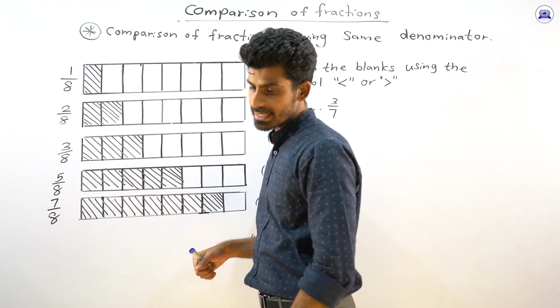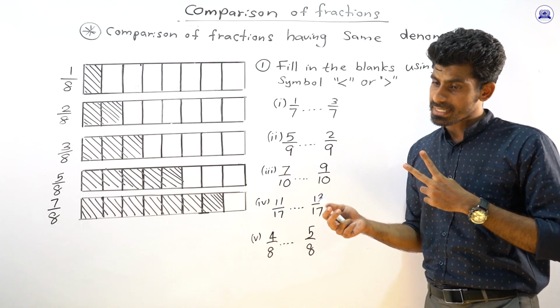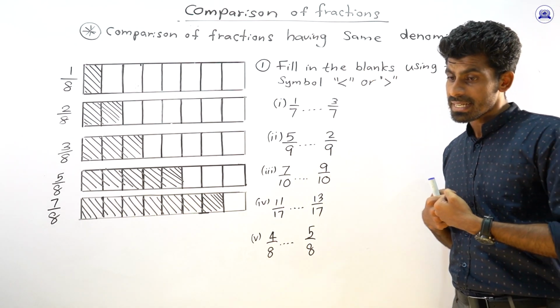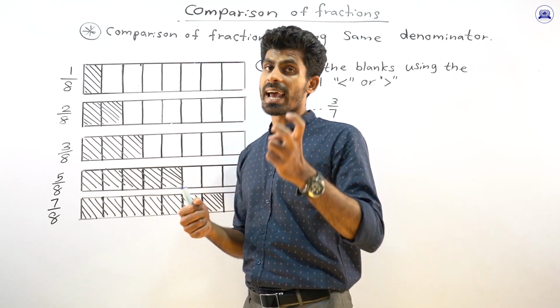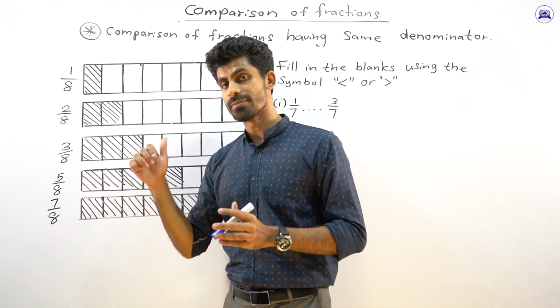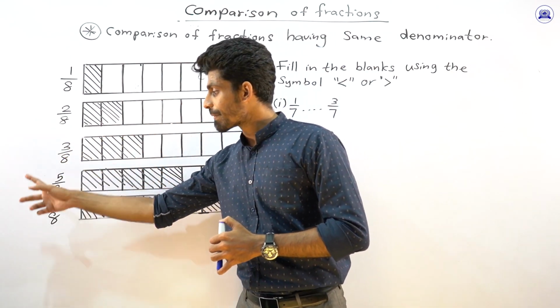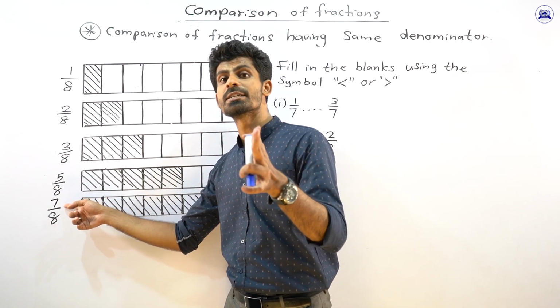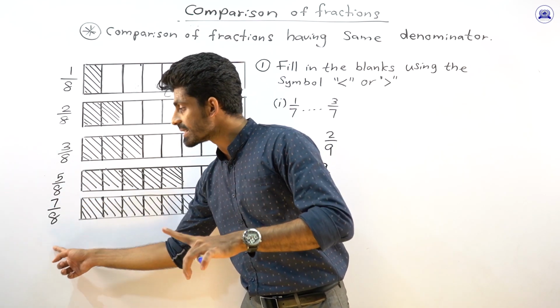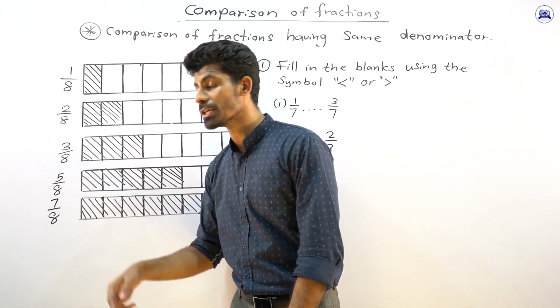Out of two fractions having the same denominator, the largest fraction has the largest numerator. What did I say? Largest fraction having the largest numerator.